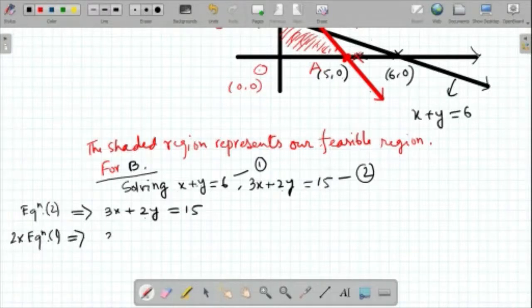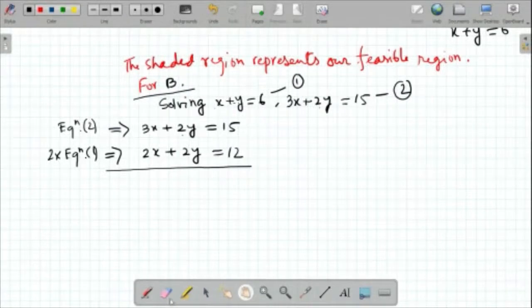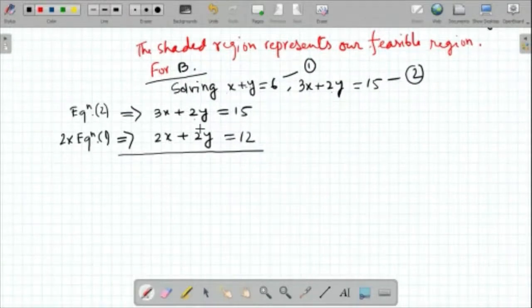Okay, so it will be 2x plus 2y equals 12. Subtracting, 2y cancels, so it will be x equal to 3. So what is the value of x? 3.